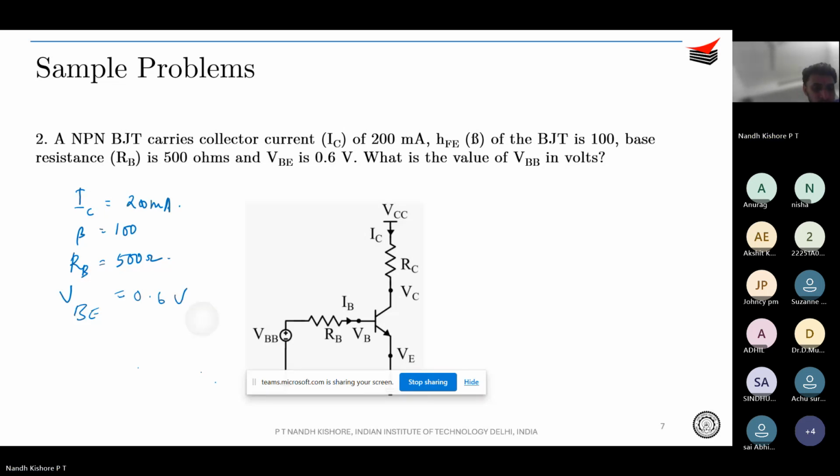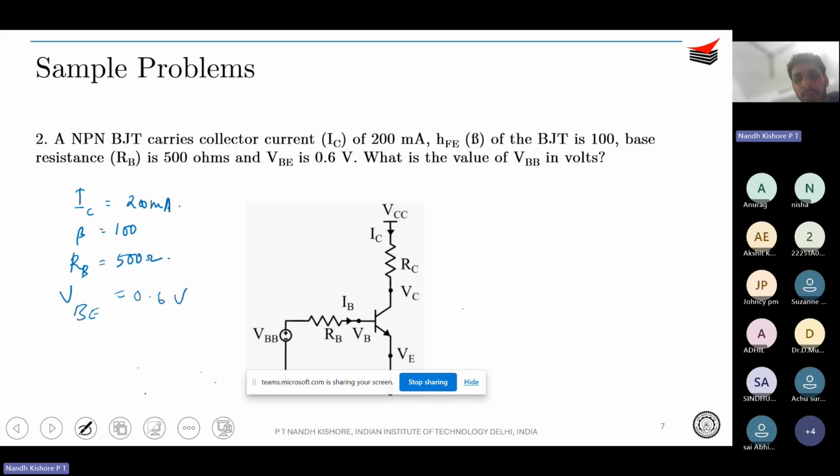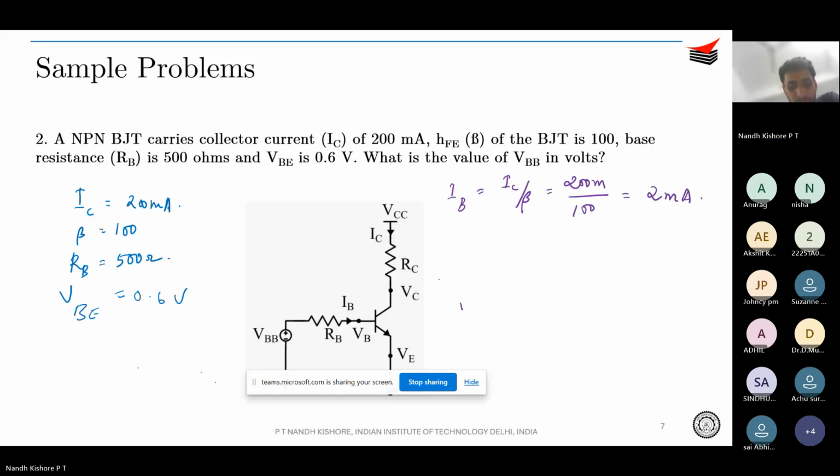Right. So what about your IB? Since your IC is given, your IB is going to be IC over beta, right? Because IC is beta times IB. So 200 milli divided by 100, or 2 milliamps, is your IB.